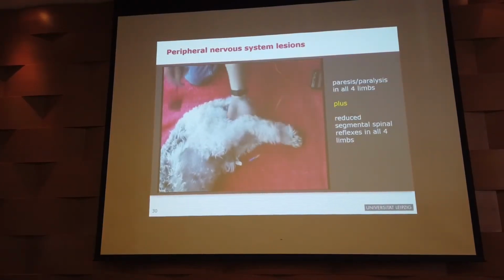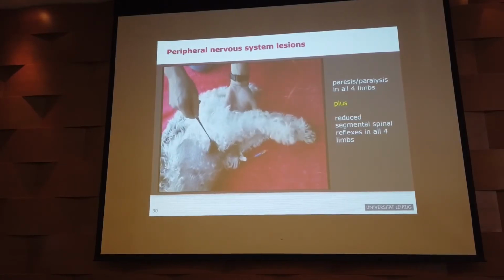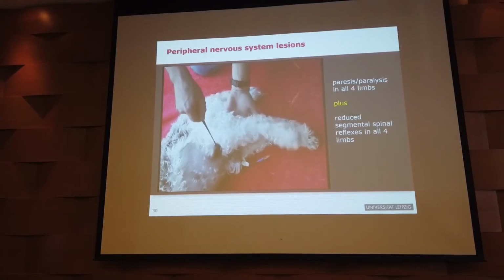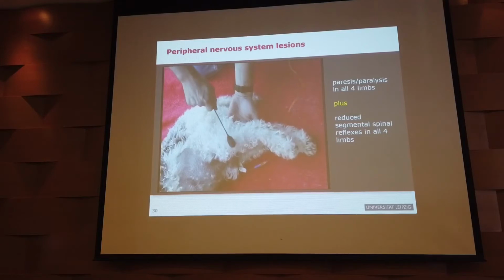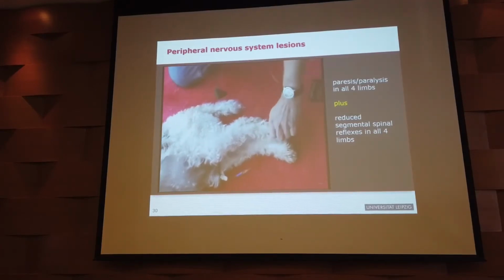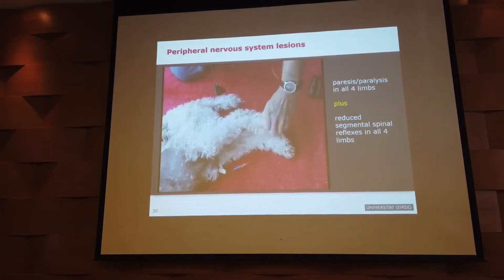That's not the dog, I'm just testing the muscle tension. Patellar tendon reflex, it's there. If it is normal, I don't know, but it's still there. Cranial tibial reflex, that's pretty good. Flexor reflex. Nothing.